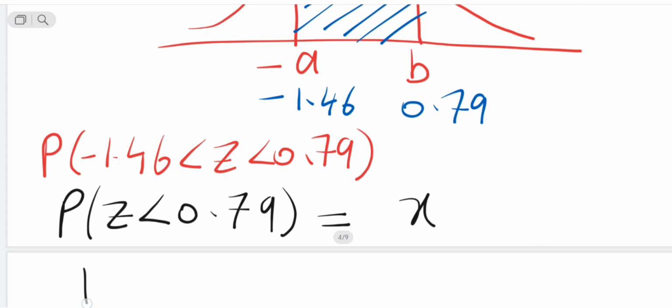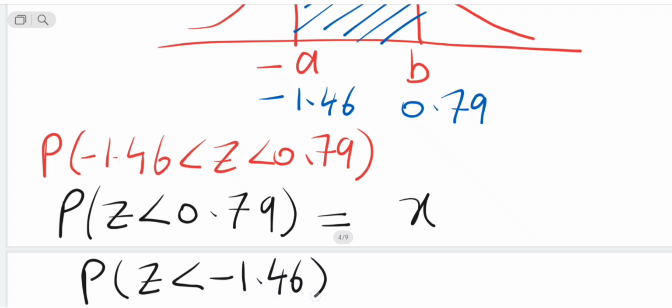Then the second one, probability z less than minus 1.46. As we learned already, if it is less than and negative, what will you do? 1 minus; you check the table of z for 1.46 positive, and that will be equal to y.